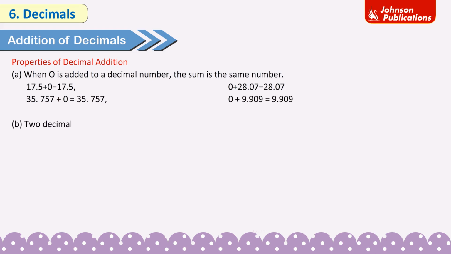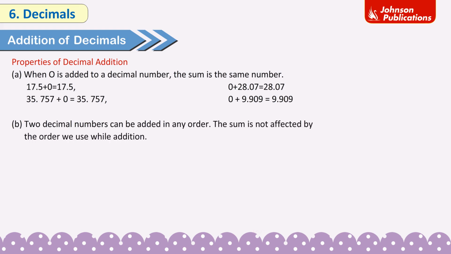B. Two decimal numbers can be added in any order. The sum is not affected by the order we use while addition. 7.3 plus 2.5 is equal to 9.8. 2.5 plus 7.3 is equal to 9.8.